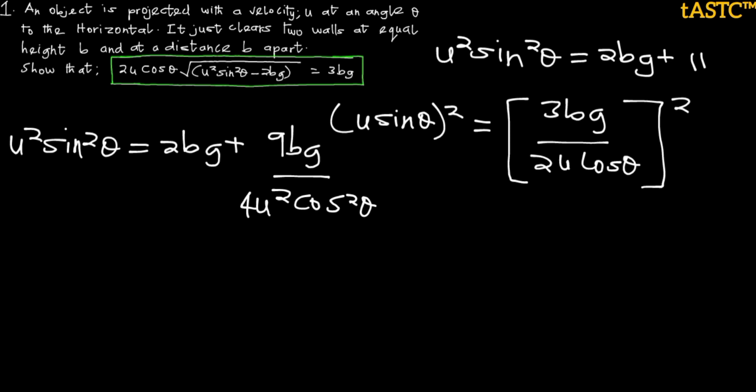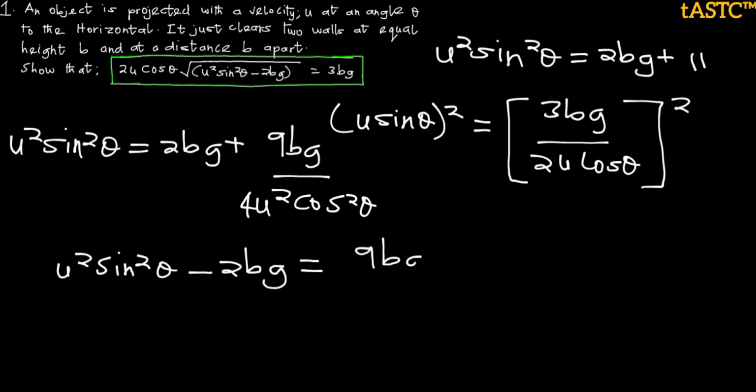Now the next thing I'm going to do is take this to the other side. So this is going to be u squared sine squared theta minus 2bg, and this is going to be 9bg divided by 4u squared cos squared theta.